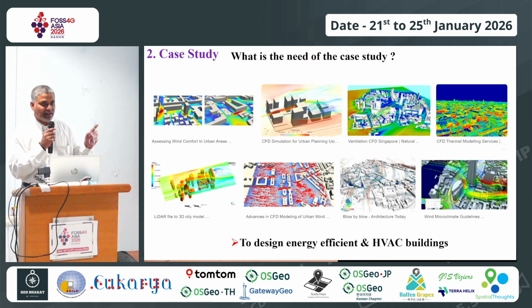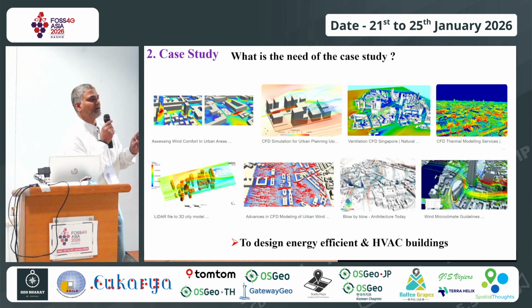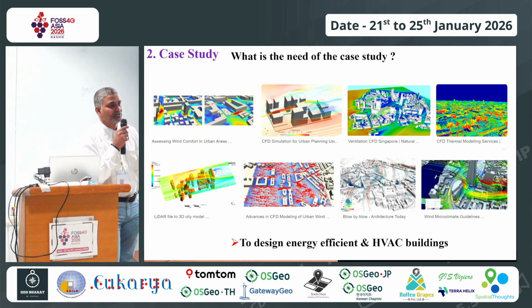If you take any publication today on urban analytics using a CFD model, they suddenly use GIS, suddenly use 3D, but if you see, all the publications use vertical exaggerations. I have seen this in the last three days also.